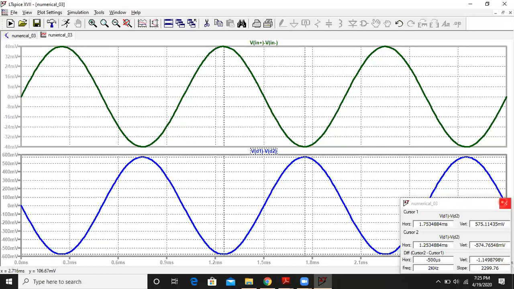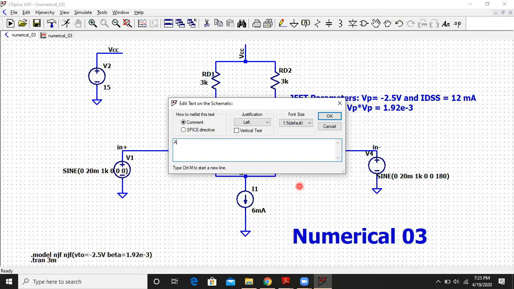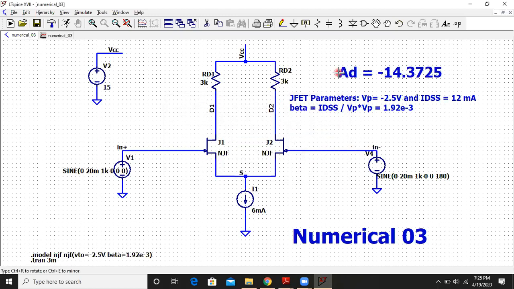So let me just write that number again. I'll go back to the original circuit and write that number. AD is coming out to be minus 14.3725. This is coming as per our simulation result. So AD value is around 14.3725.